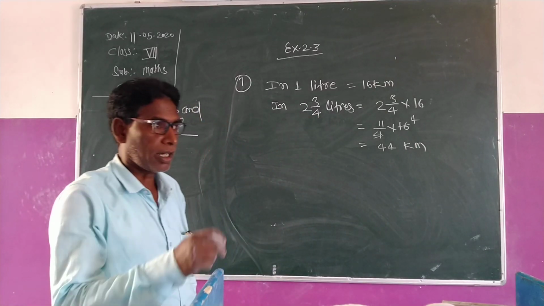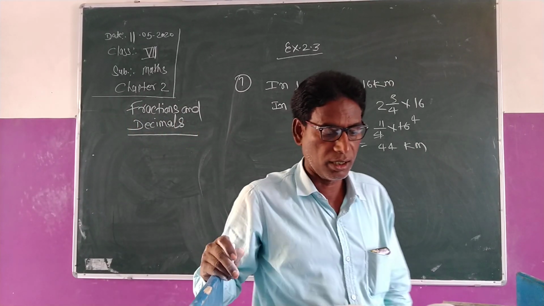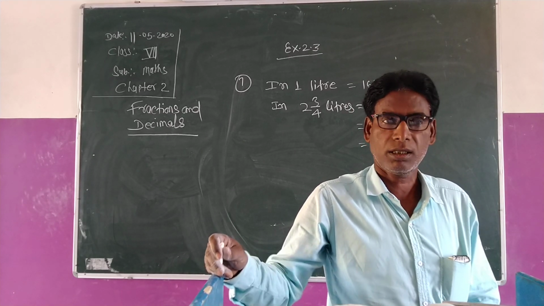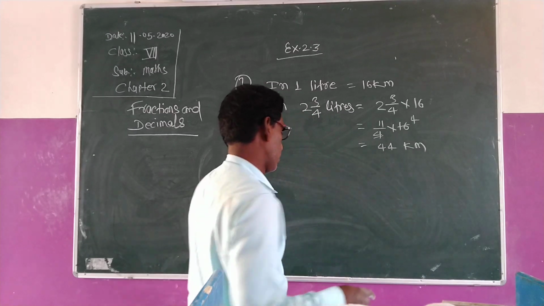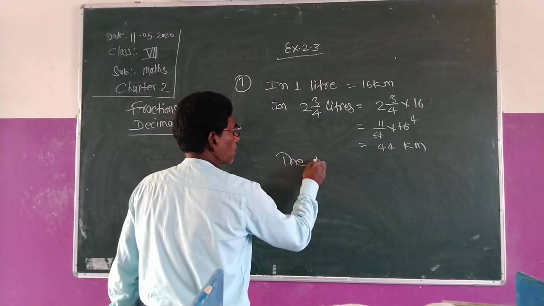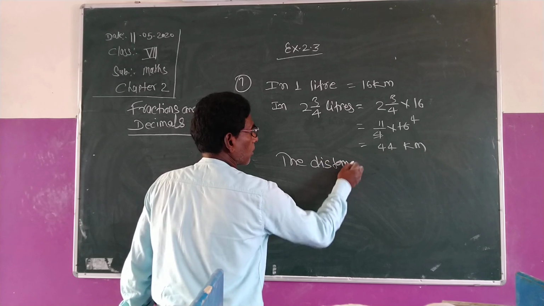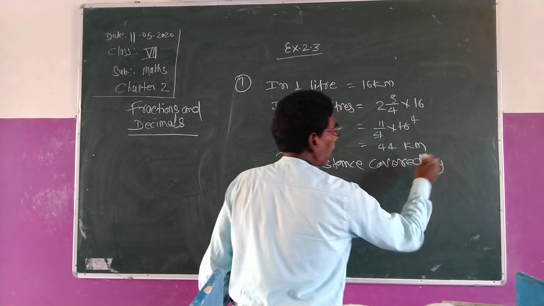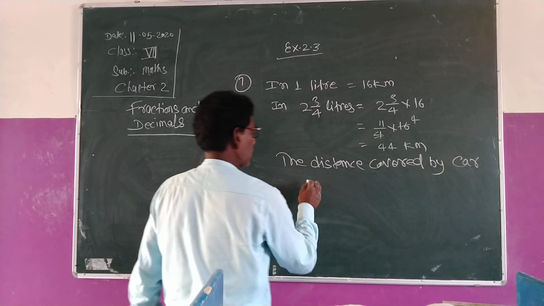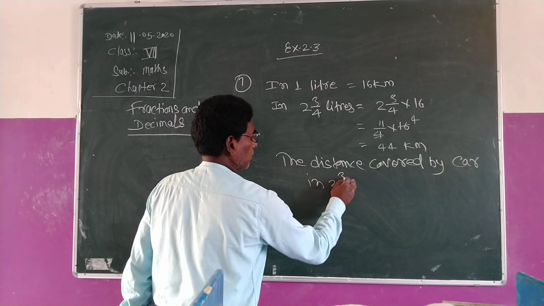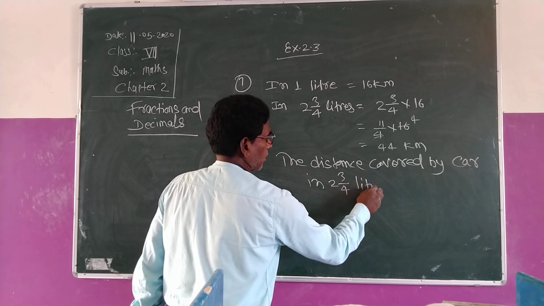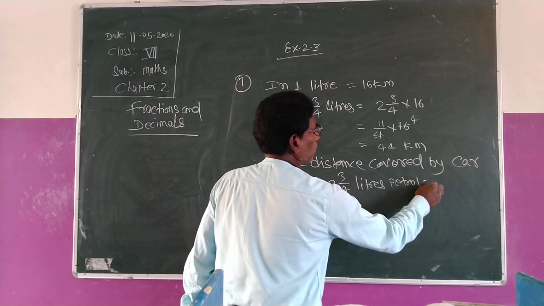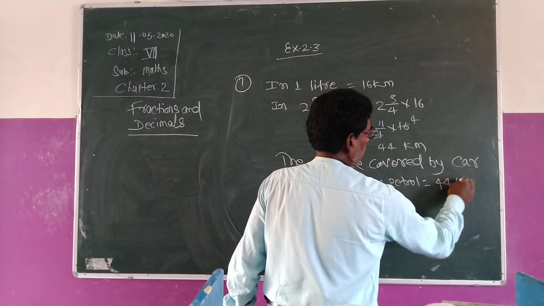Thus the car will cover a distance of 44 kilometers in 2 3/4 liters of petrol. The distance covered by the car in 2 3/4 liters of petrol is equal to 44 kilometers.